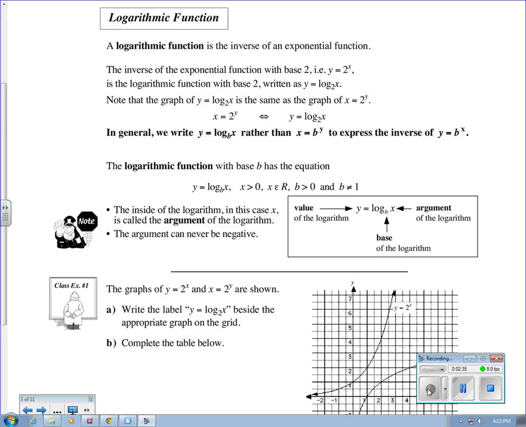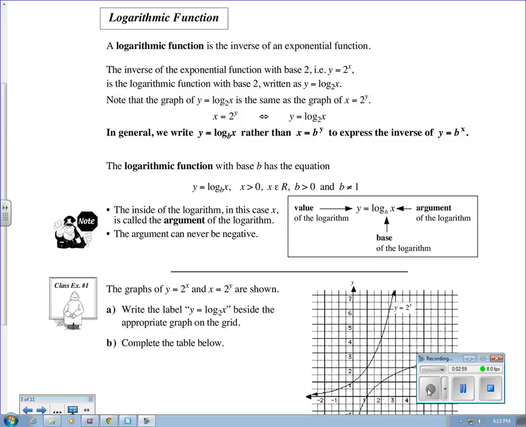So here we have the language being expressed to us. The log function is the inverse of an exponential function. So it has a special format. The graph of the log function is the same as the graph of the inverse notation that we were trying to communicate.